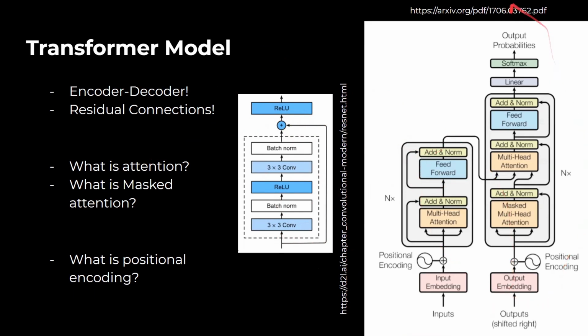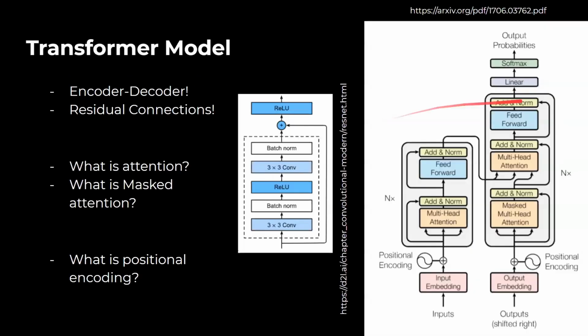In this picture, you might have also noticed attention, multi-head attention, masked multi-head attention, and positional encoding. We will be decoding those words in a minute. I think the easiest one to decode is masked attention. You would see that it only happens on this side in the first block.